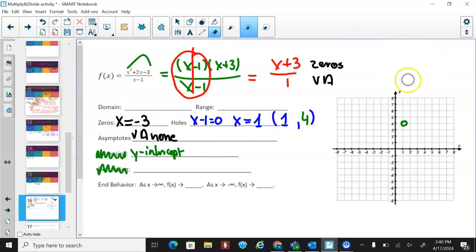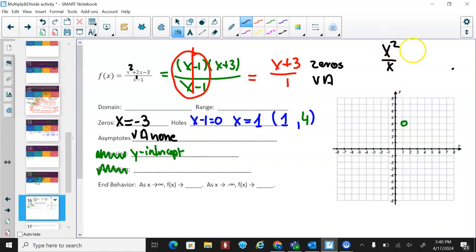Now, horizontal asymptote. As you remember, we go back to our original function and look at the exponents of the x's, meaning how many x's are on the top and how many x's are on the bottom. If there are more x's on the top than the bottom, so numerator is more than the denominator, there is no asymptote. And this is what's happening.